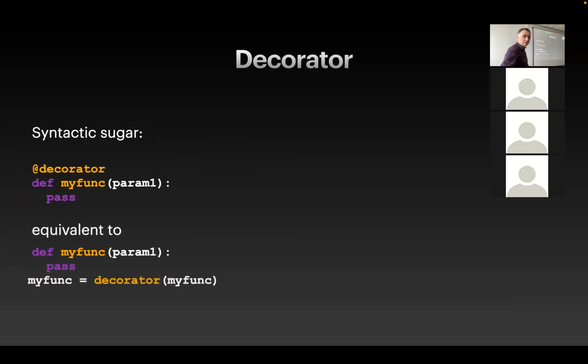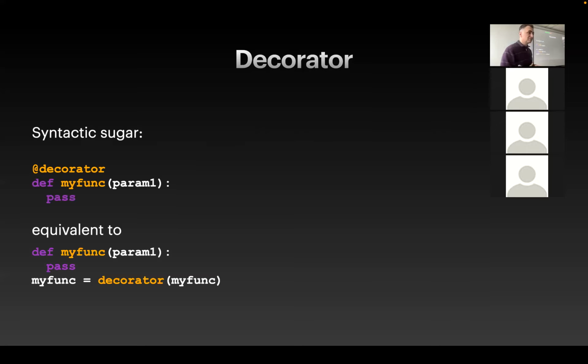There is nothing else to know from a language perspective about the decorator than what's on the screen. You have a syntactic sugar that you can place on top of the function definition, and this translates to the definition being passed as a parameter to another function, which is the function named decorator in this case. That's nothing less, nothing more. You can pass a function, you can pass a class, and that would still work.